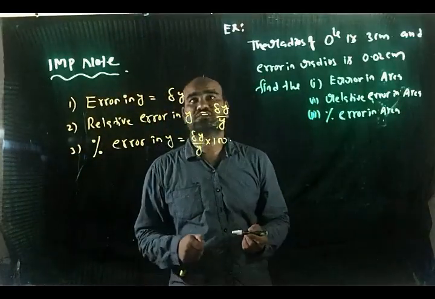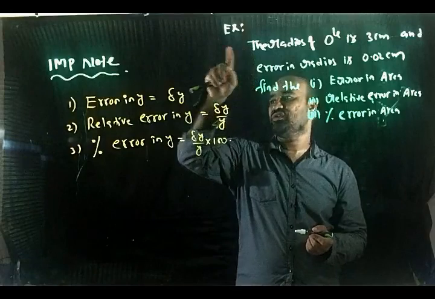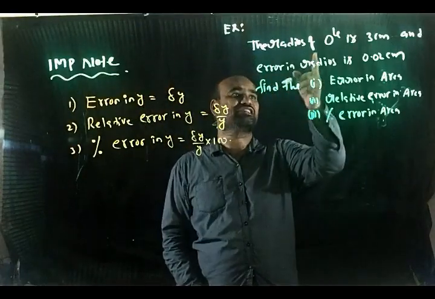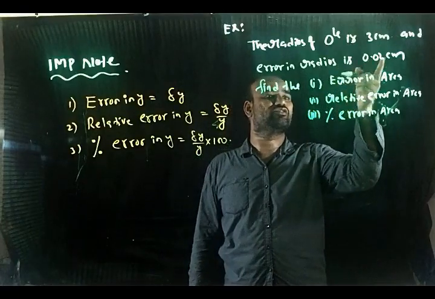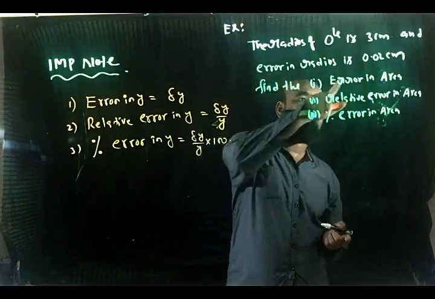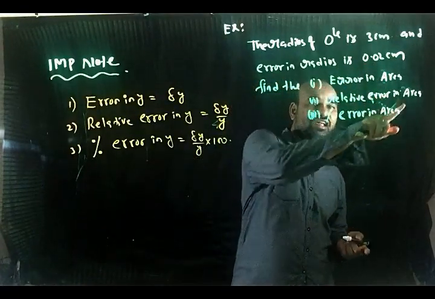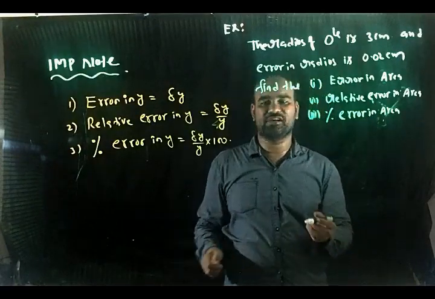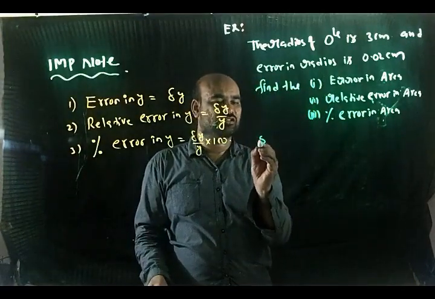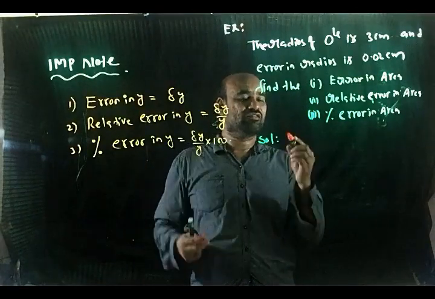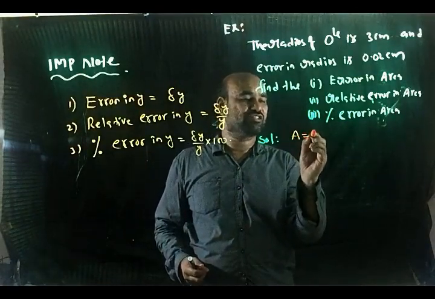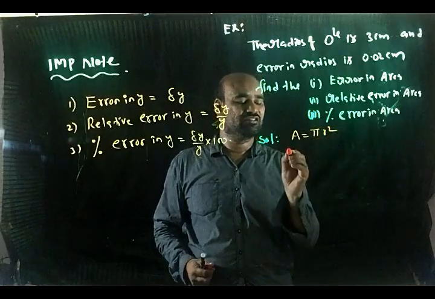Okay, students. Example problem based on this concept. The radius of a circle is 3 centimeters and error in radius is given 0.02 centimeters. Then find the error in area, relative error in area, percentage error in area. Solution. First of all, we know that area of a circle is pi r square.